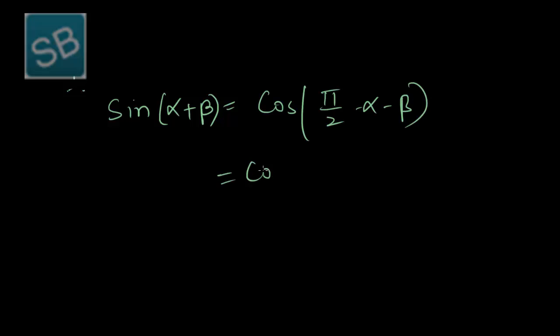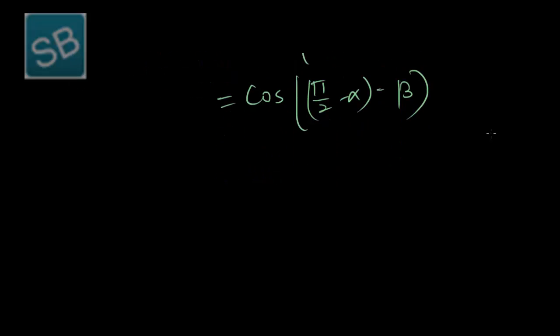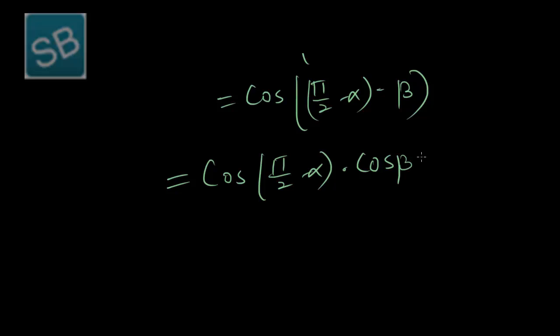So it becomes cos of pi by 2 minus alpha as the first angle and beta as the second angle, so cos of alpha minus beta, that is cos alpha into cos beta plus sin alpha into sin beta. That is the formula of cos alpha minus beta.